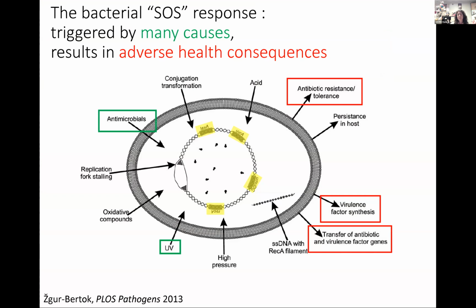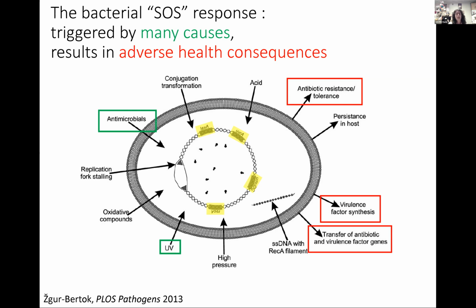We see in green some of the triggers of this so-called SOS, cry for help response after DNA damage. Antimicrobials can cause this, UV light can cause this, many other things. And then the problem is this can lead to the buildup of antibiotic resistance in these bacteria, can lead to virulence factors that can help them cause disease, and even the transfer of these activities to other bacteria.